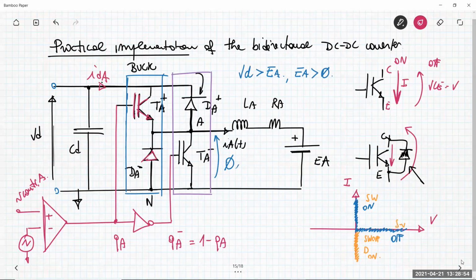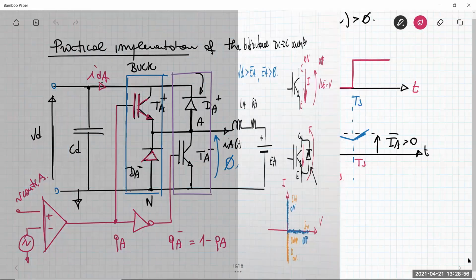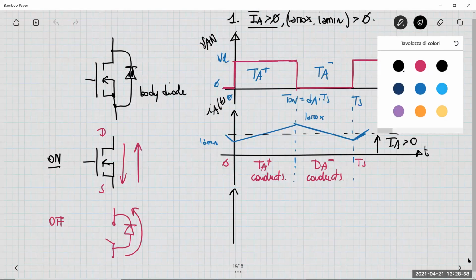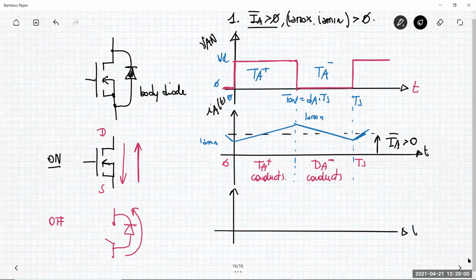The current IDA is the same as the IA current when the switch TA plus is on, so it is here. And it is null when TA plus is off, something like this.